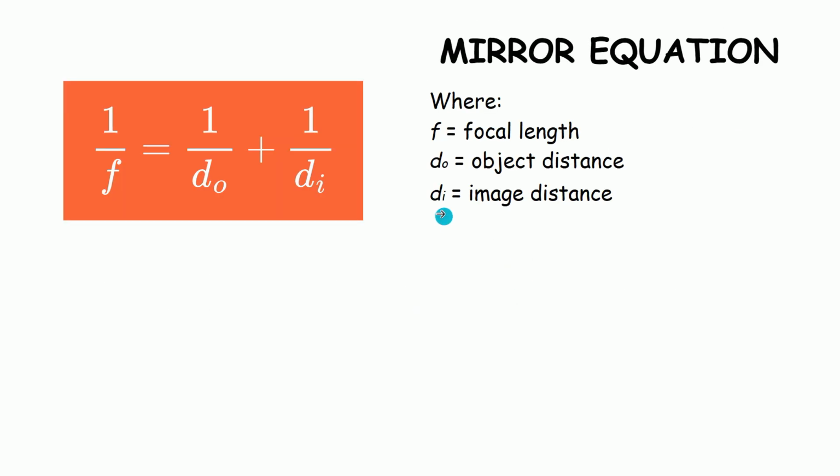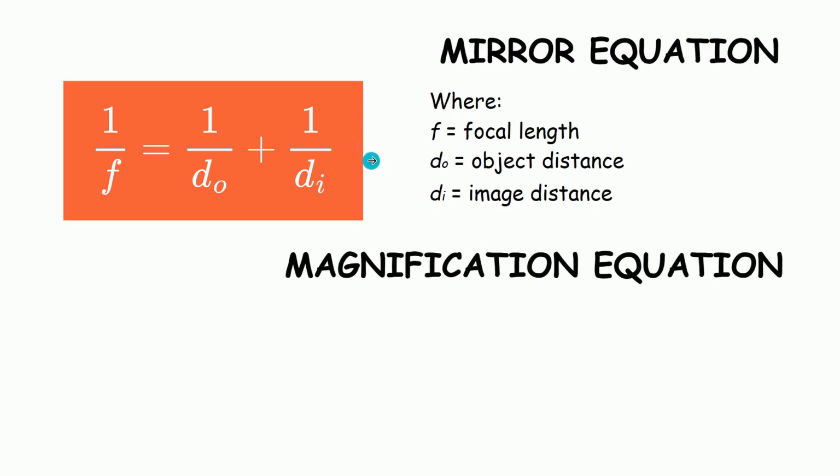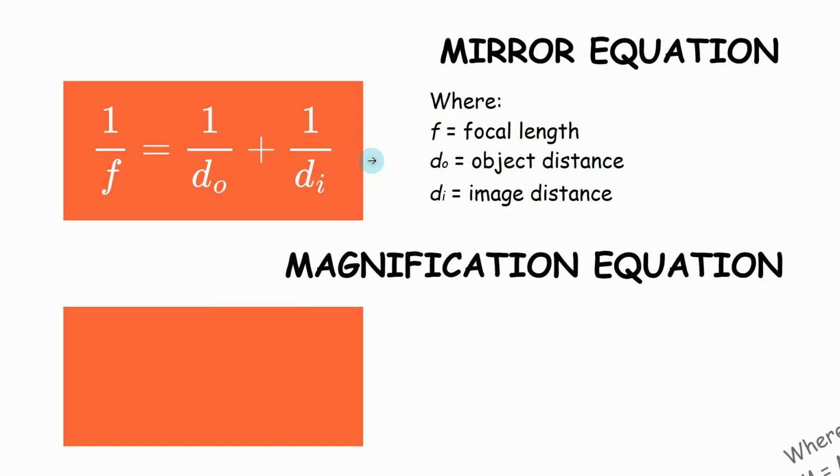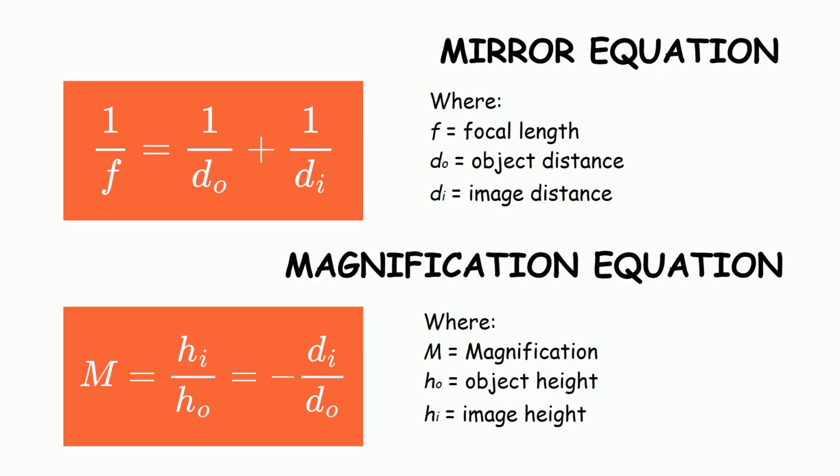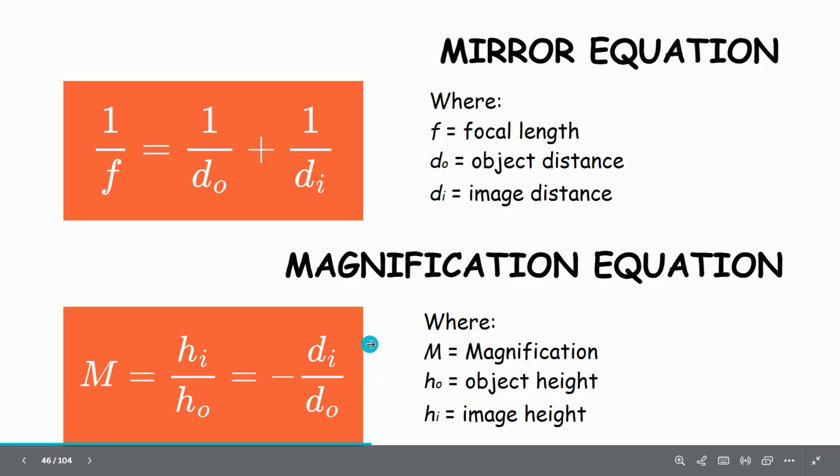Now, what is the mirror equation? We have 1 over f is equal to 1 over object distance plus 1 over image distance. While the magnification equation, we have m is equal to image height over object height, which is also equivalent to negative image distance over object distance.